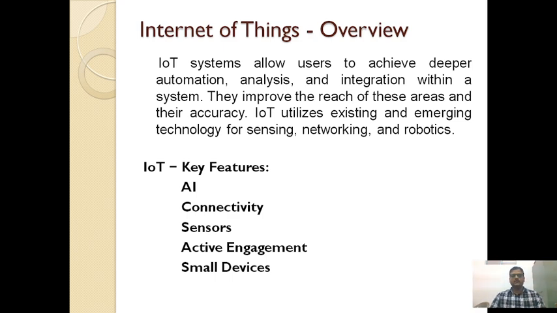The Internet of Things, IoT systems allow users to achieve deeper automation, analysis and integrations within a system. They improve the reach of these areas and their accuracy. IoT utilizes existing and emerging technology for sensing, networking and robotics.